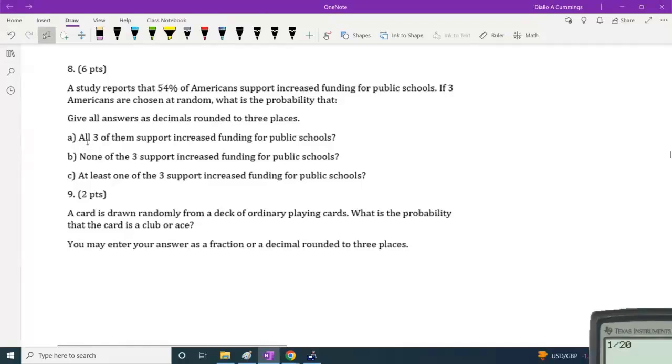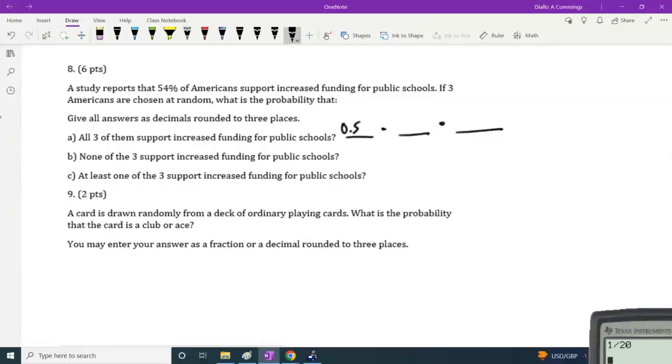So let's look at the first one. We're surveying three people, so that's three outcomes. What is the probability that the first person supports increased funding? 54%.